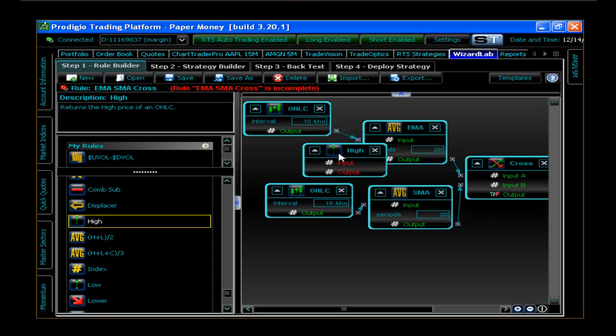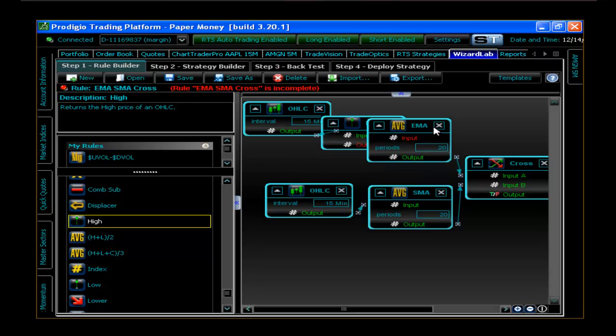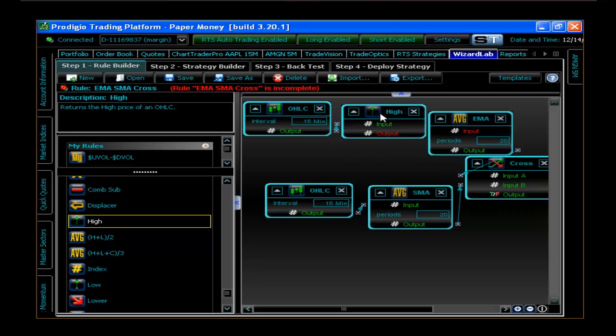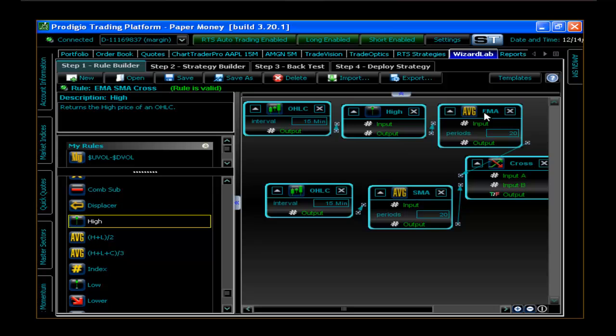And what this does, if I insert it here, I can always disconnect these by just dragging them out. And if I insert this high adapter in between the OHLC and the EMA, what that does is it tells the system when you calculate the EMA, use as your input the high price of the OHLC.